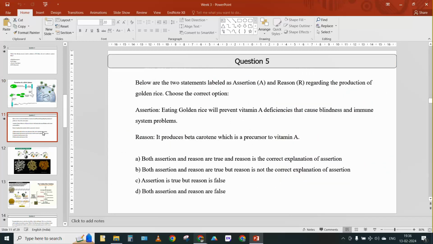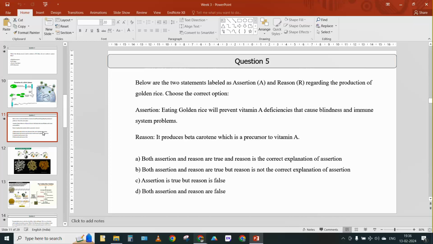So question 5. Here we have some assertion and reasons. Below there are two statements labeled as assertion and reason regarding the production of golden rice. Choose the correct options. The assertion says eating golden rice will prevent vitamin A deficiencies that cause blindness and immune system problems.